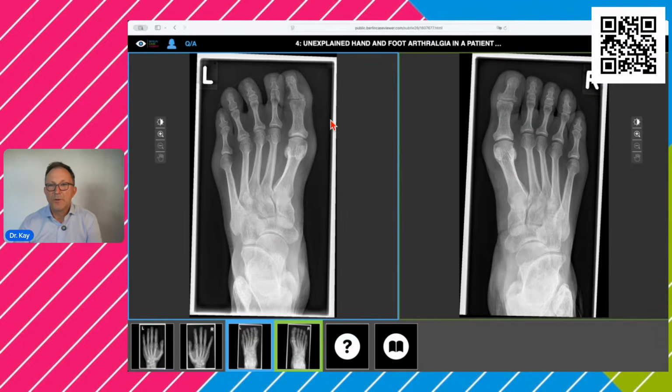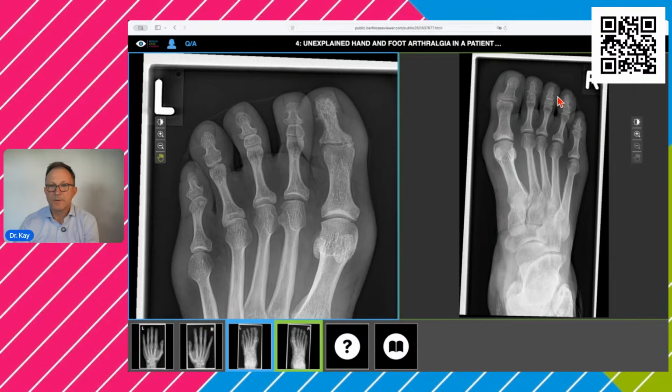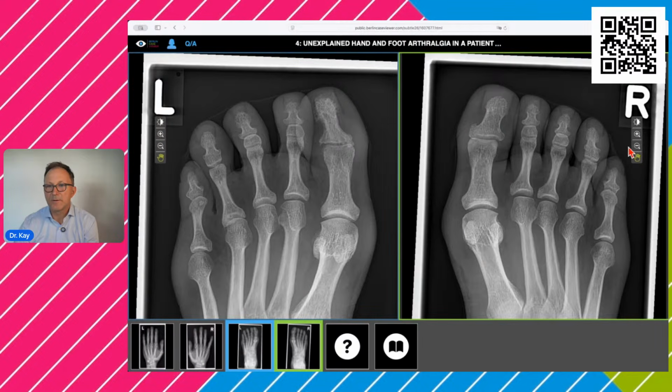So if you compare, and again, you need to enlarge. So you see that's the right side, the left side. And if you compare the right distal phalanx of the big toe with the left one, you can see at first there's some soft tissue density here.